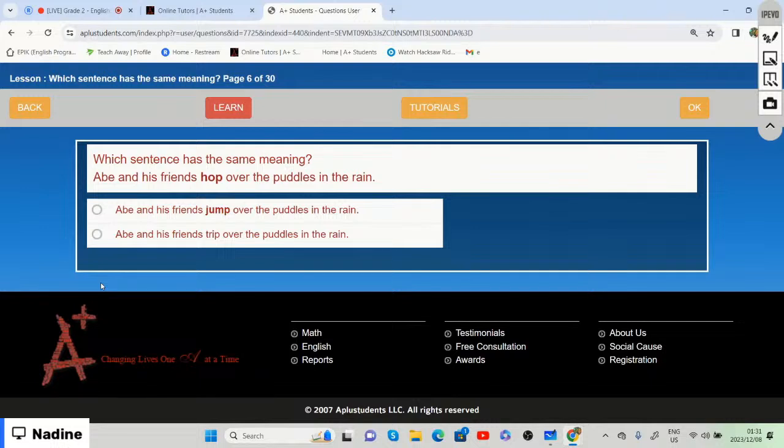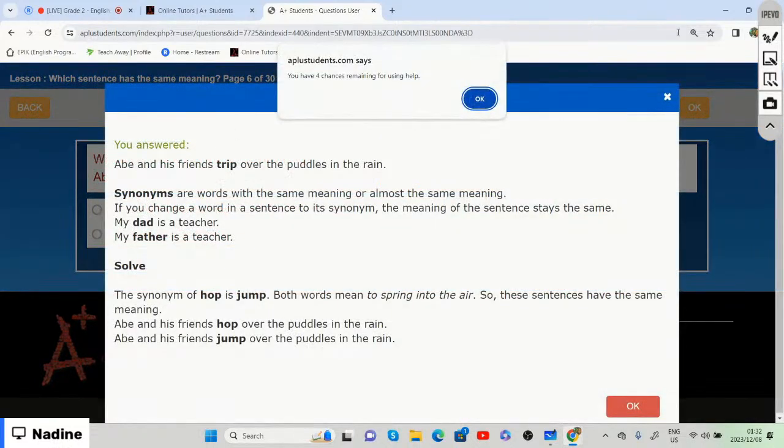Abe and his friends, they hop over the puddles in the rain. So hop, it says Abe and his friends, they jump over the puddles in the rain, or they trip over. So in this case, they jump over.